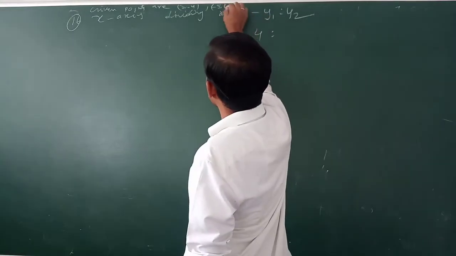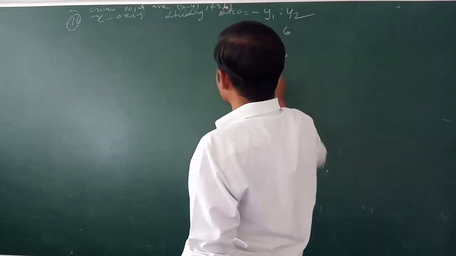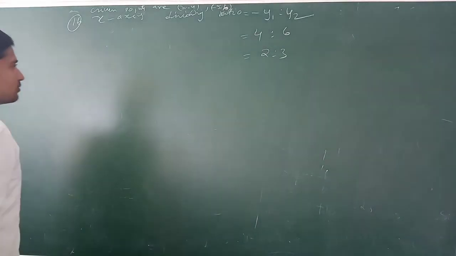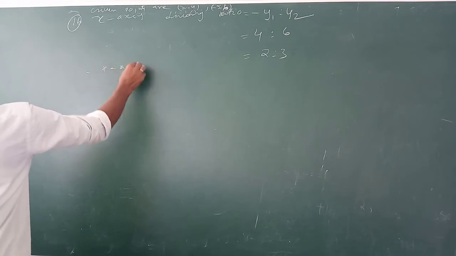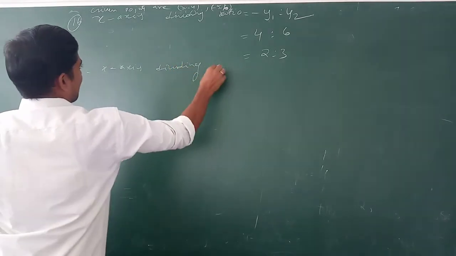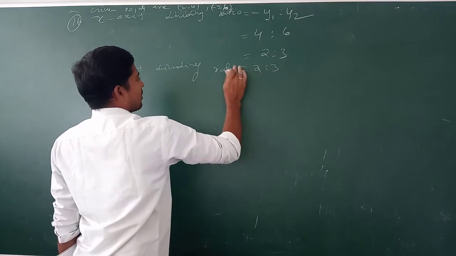So the ratio is 4 to 6, which is equal to 2:3. So the answer is option 1. Therefore the x-axis dividing ratio is 2:3, right?